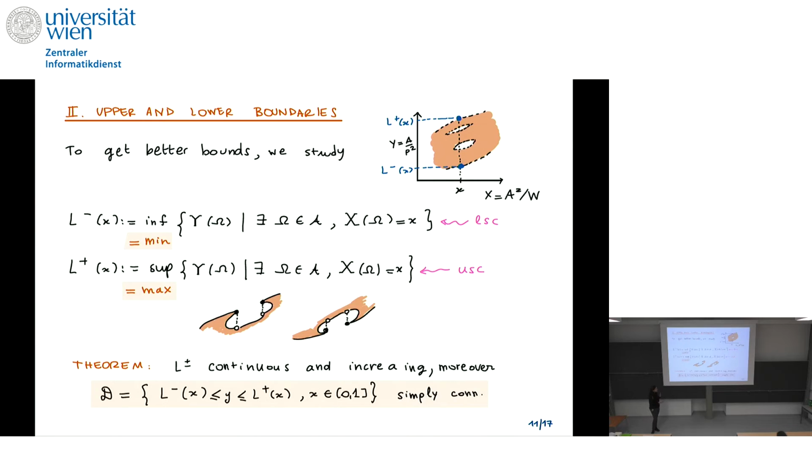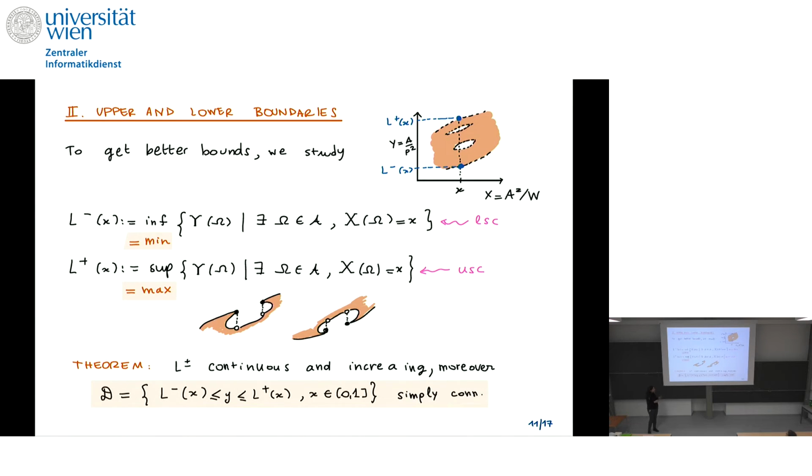So this is a satisfactory result, but not completely, because one should exactly describe what L minus and L plus are. So what is the function of small x explicitly? And this is something that we don't know. So we have partial results. In the next slides, I will focus my attention on a part of the proof of the continuity for L plus and the increasing property for L plus.